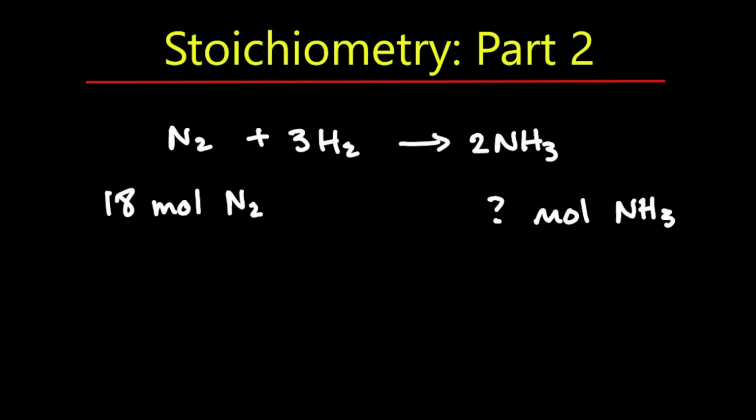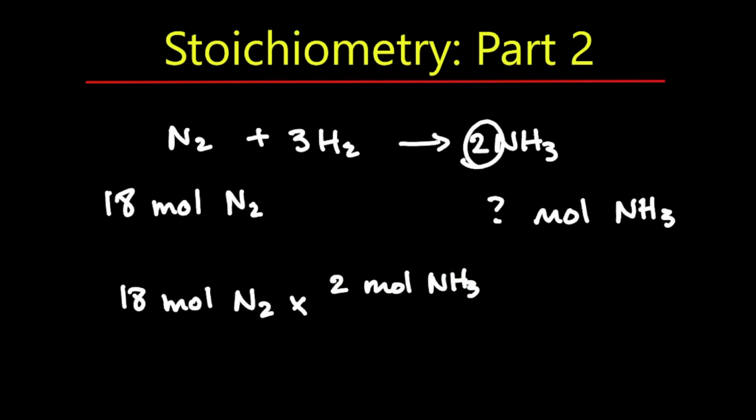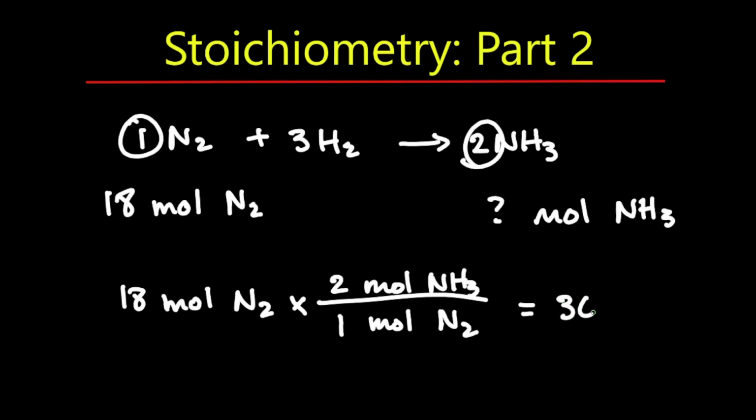Well, stoichiometry says that we can take 18 moles of N2, multiply that by 2 moles of NH3 produced, because there's a 2 here, over every mole of N2 we put in. Because remember, if we don't write a number, that's just 1. And we should get 18 times 2 equals 36 moles of NH3 produced.